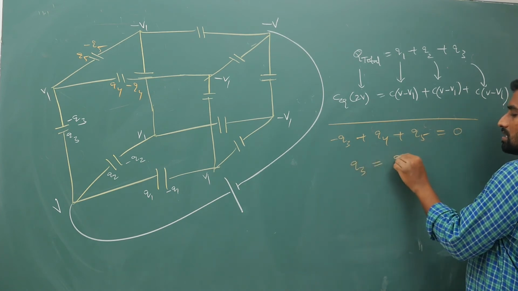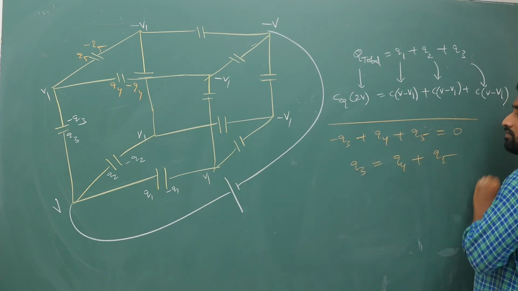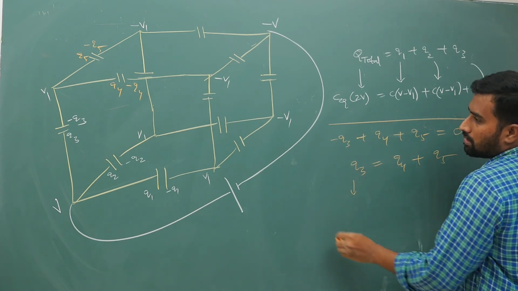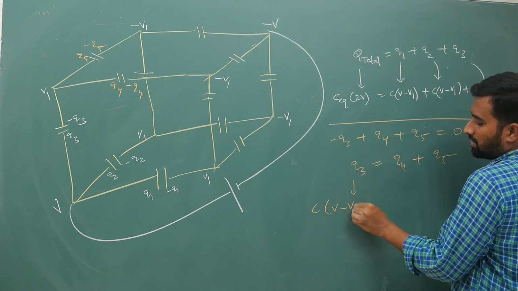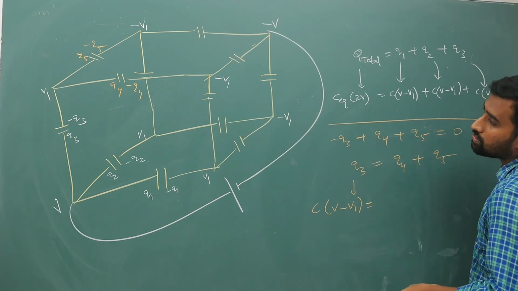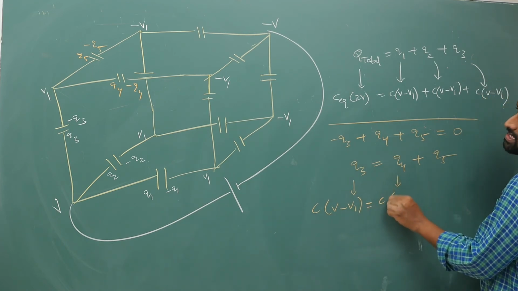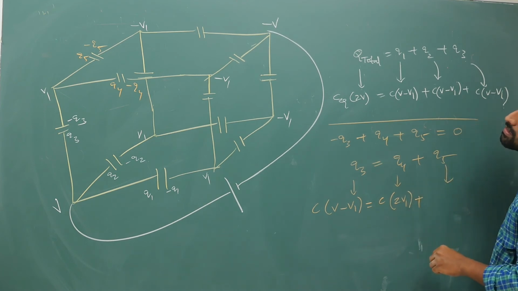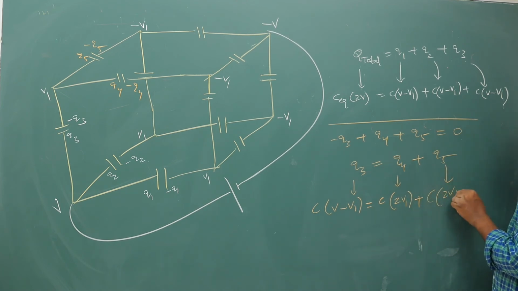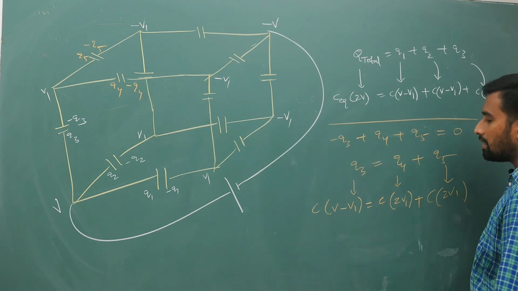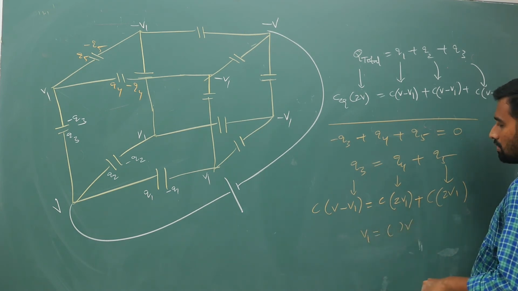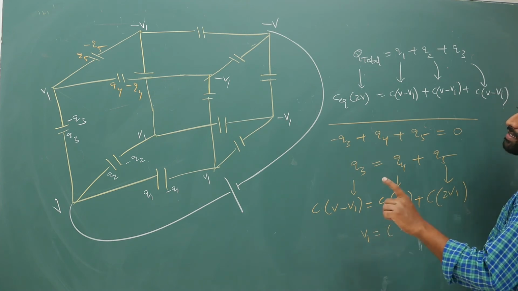So Q3 is equal to Q4 plus Q5. Your Q3 is C times (V minus V1), that is equal to Q4, which is C times 2V1, plus Q5, which is C times 2V1. Now you simplify this, you will get V1 in terms of V.